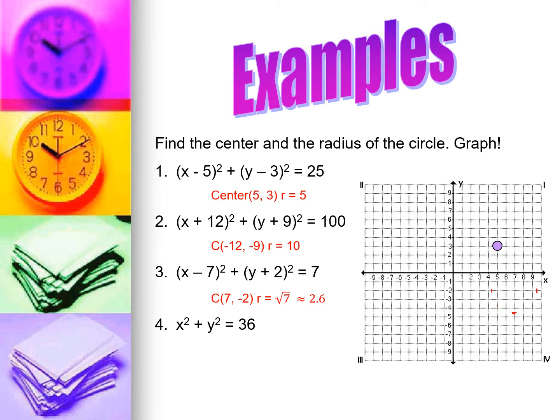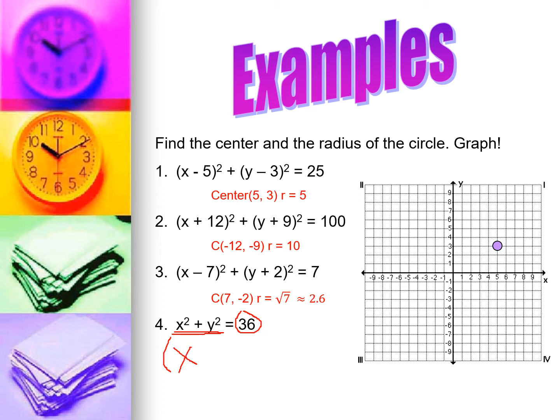All right, last example. This one looks a little bit tricky. Your job is to find the center and the radius. The radius is pretty easy. The radius is just 6. But what do you do with the center when there's nothing there? All right, I'll give you a little hint.